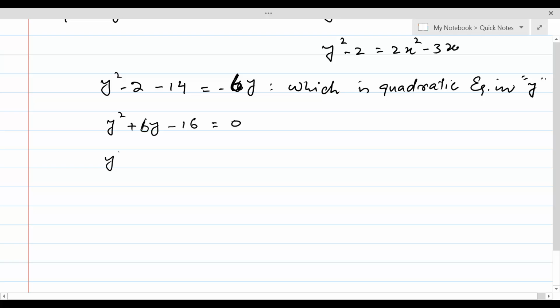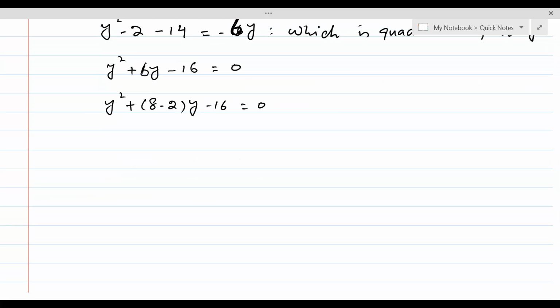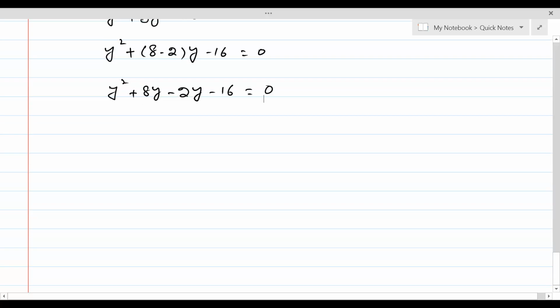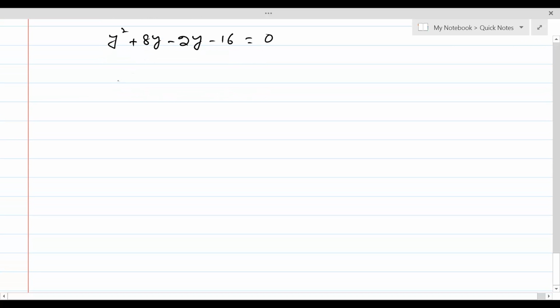Once we have this, we can find the solution of this equation. This will give us y square plus 8y minus 2y minus 16 equal to 0. If we take y common, this will give us y plus 8, minus 2 common, y plus 8 equal to 0.